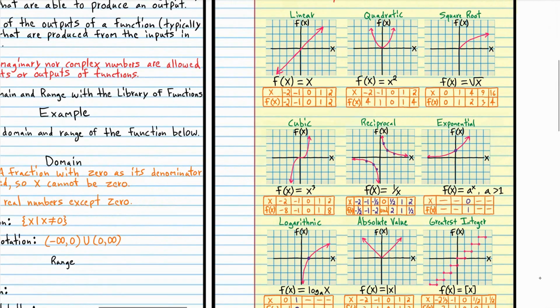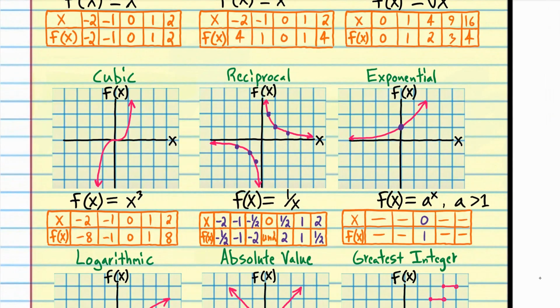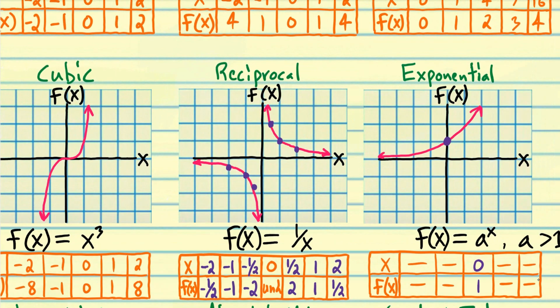And if you look at the reciprocal function, what we used to call the reciprocal relation, now we're calling it the reciprocal function, you can see the range very easily. All the points on that pink graph, the y values just get bigger and bigger and bigger and smaller and smaller and smaller, and they approach 0 from the bottom and the top, but you can see there's a gap here.